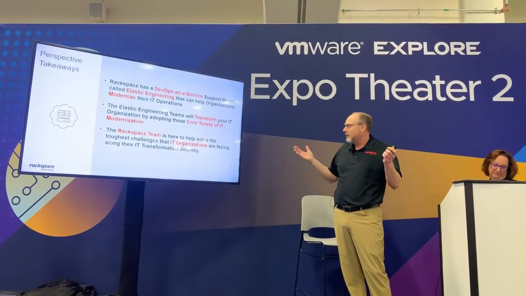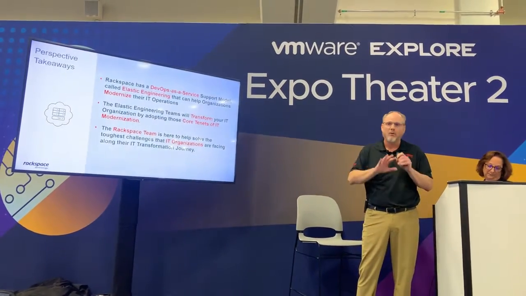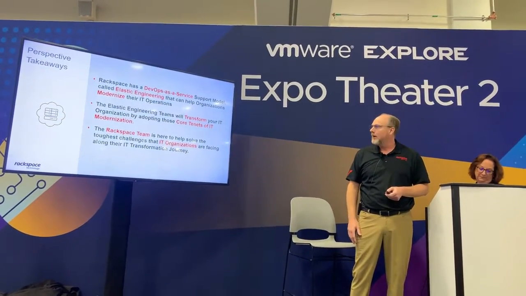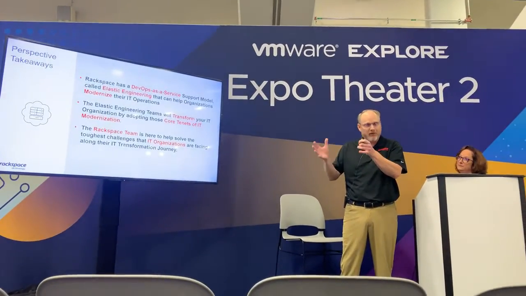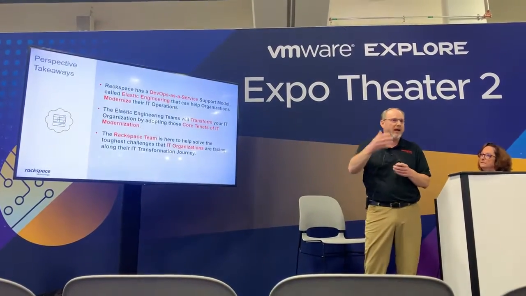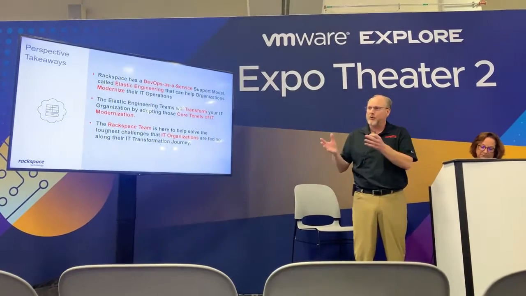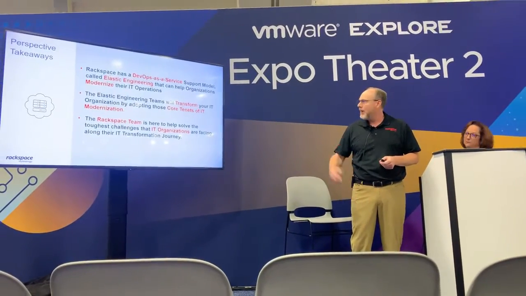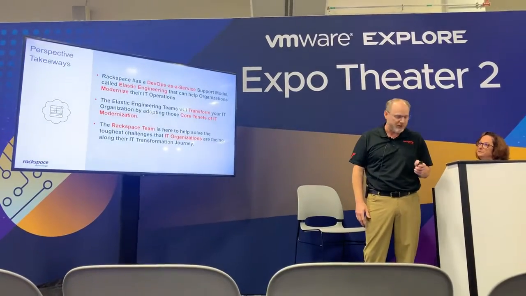Rackspace is here to help solve the toughest challenges for our IT organizations wherever you're at in your journey. And that's where we can help with the combination of our Rackspace services for VMware product, that platform, along with that service model that we can apply on top of it to give you that full end-to-end experience and really integrate into your teams and enable that collaboration across your organization.